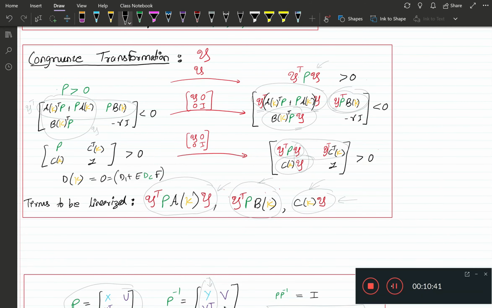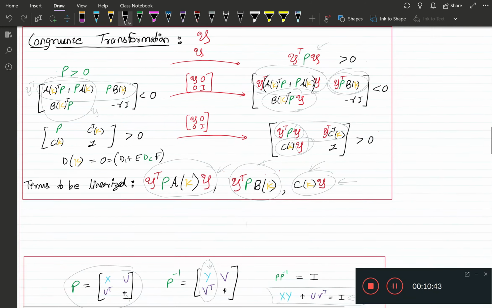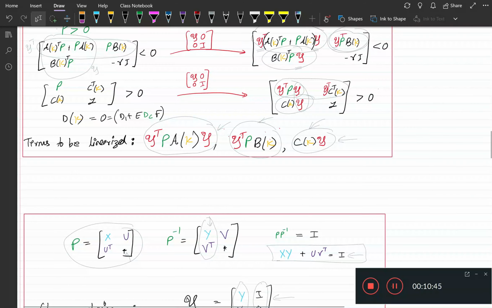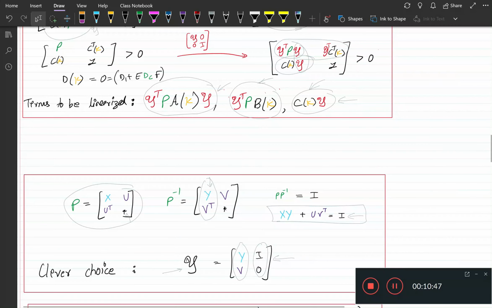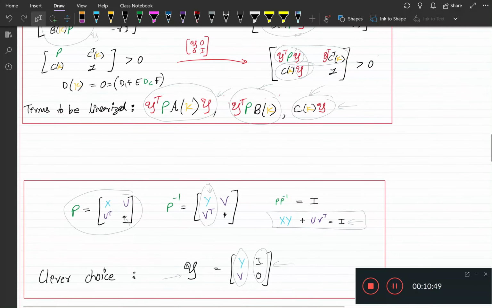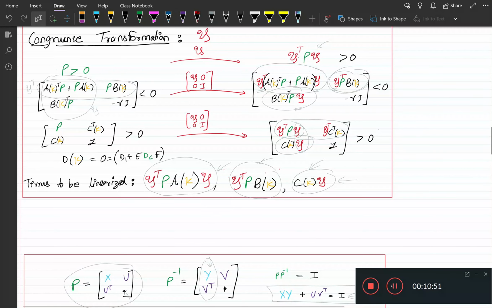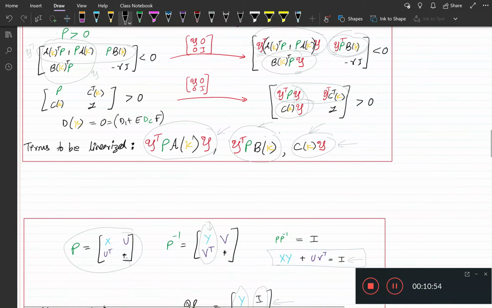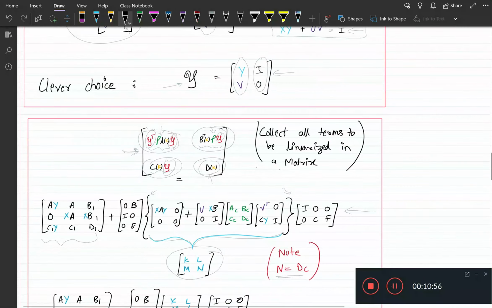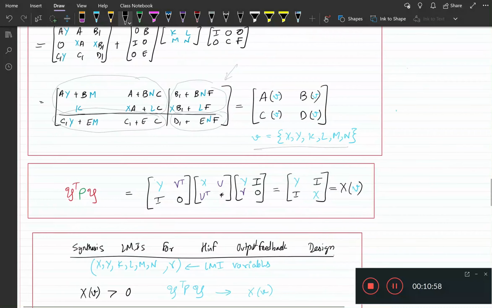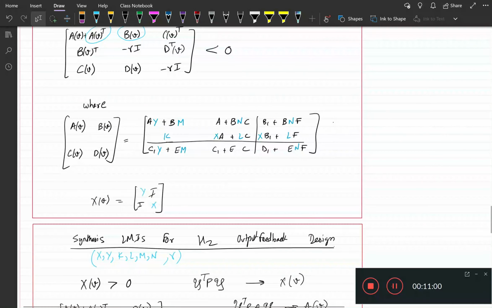And because Dc is left untransformed and it has no products with any other variables, so what I mean is there is no D appearing anywhere else in the LMIs, we could just put that condition as it is here.